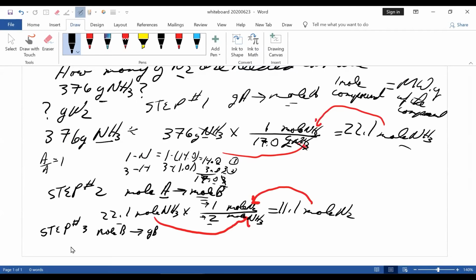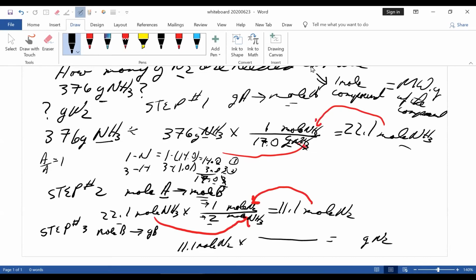And here we have 11.1 moles of nitrogen. What do we want to get to? Grams of nitrogen. Remember, 1 mole of a compound equals its molecular weight.